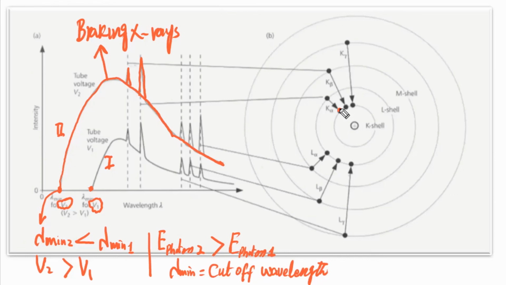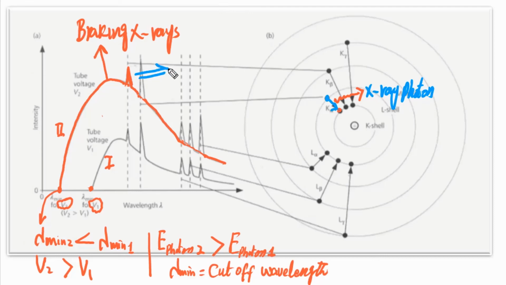Let's say they hit this electron. If this electron is removed, then an electron from a higher energy level will come to fill this empty space. When an electron jumps from a high energy level to a lower energy level, it releases energy in the form of X-ray photons. That's the reason we see these spikes.